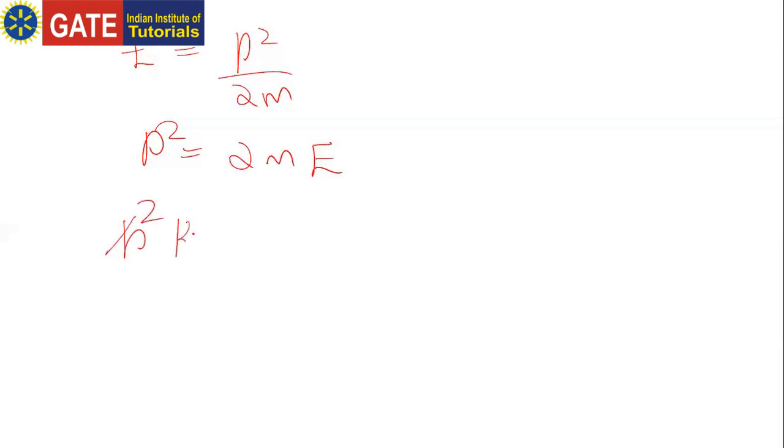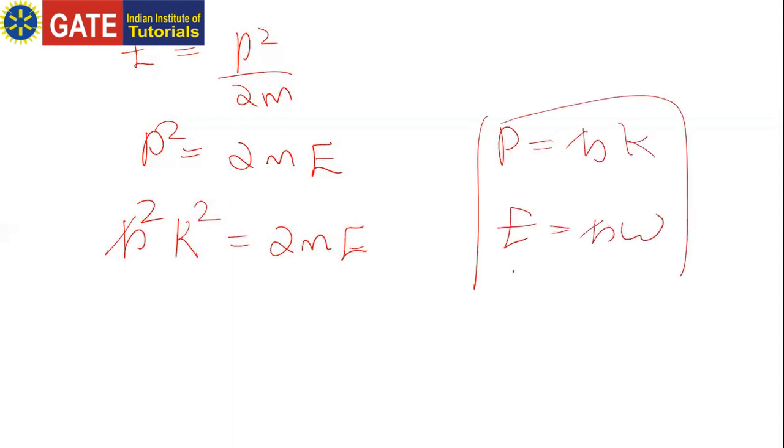And remember, we know that E is equal to P square by 2m. P square equal to 2mE. What is P square? h cross square k square equal to 2mE. P is equal to h cross k. E is equal to h cross omega. Don't forget, P equal to h cross k, E equal to h cross omega. Instead of P square, substitute h cross square k square.